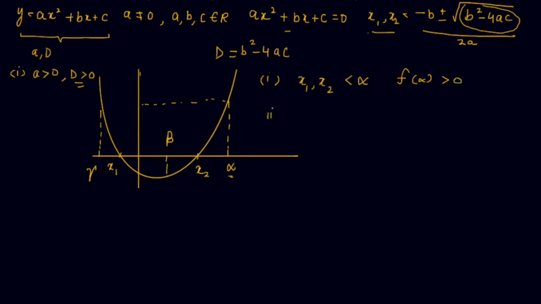For the second case, there is a value beta which lies between these two roots, and the value of the function at this point beta will be less than 0.